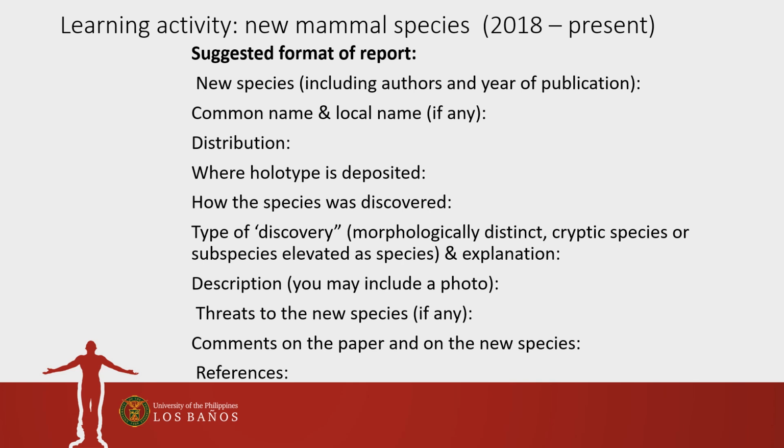So the new species, the scientific name, including the authors and year of publication, common name and local name, if any, distribution, where the holotype is deposited, how the species was discovered, the type of discovery. Is it a morphologically distinct species, a cryptic species, or a subspecies that was elevated as a species? And then your explanation.